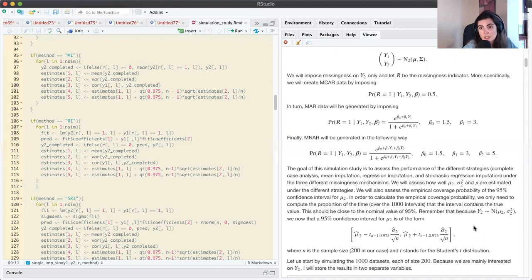I know that the marginal is normally distributed as well with this parameter.